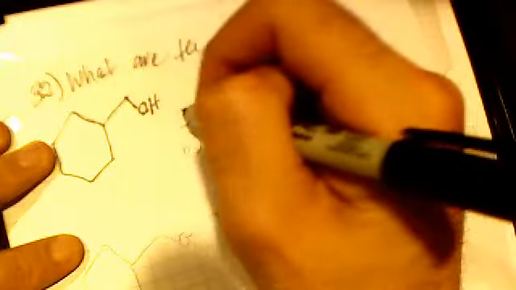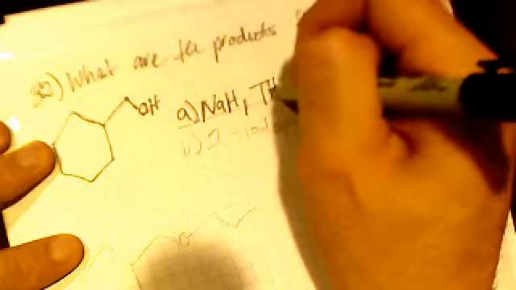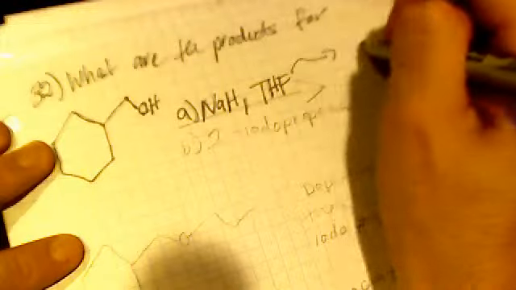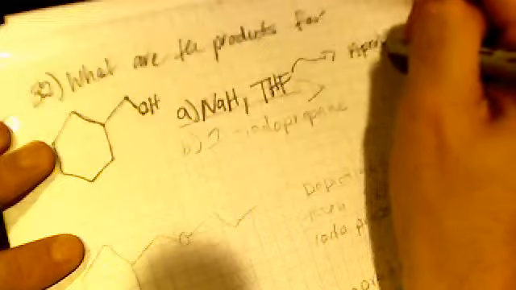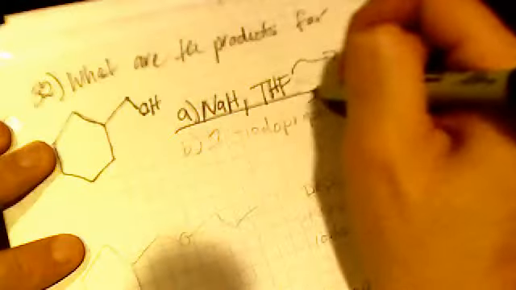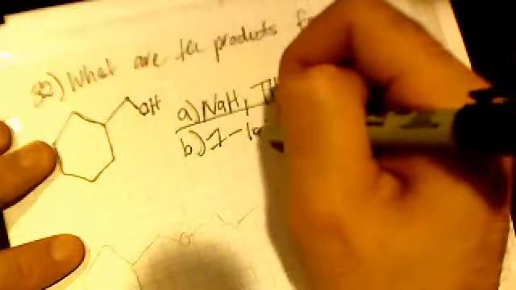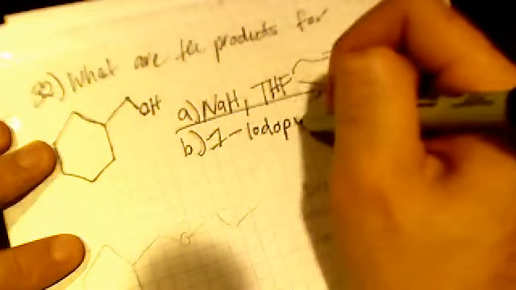A methoxyl group. Maybe it's a methoxyl group is what it's called. I don't know. First, we're treating it with sodium hydride in THF, which is aprotic. Then we're treating it with iodopropane.